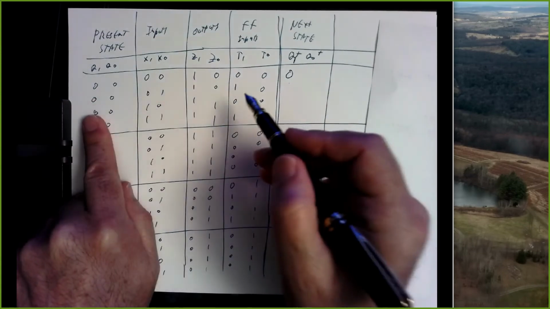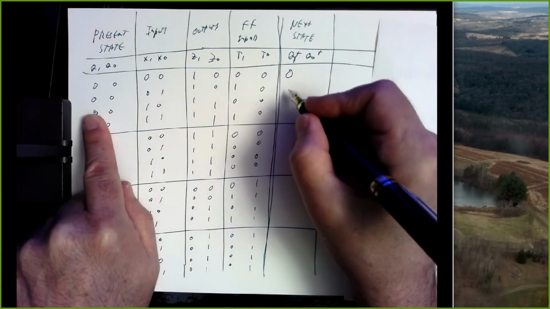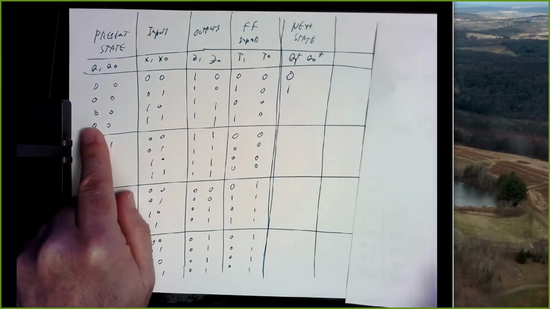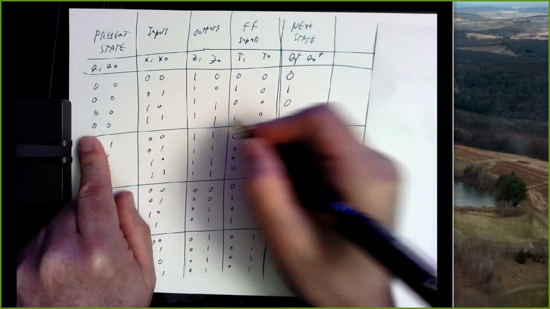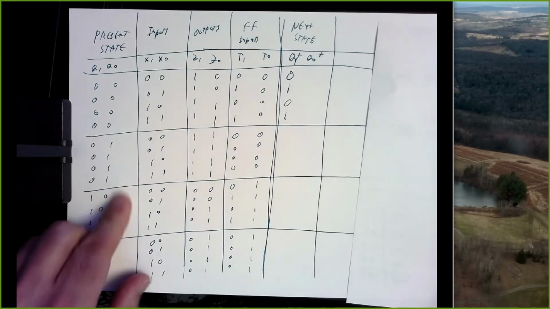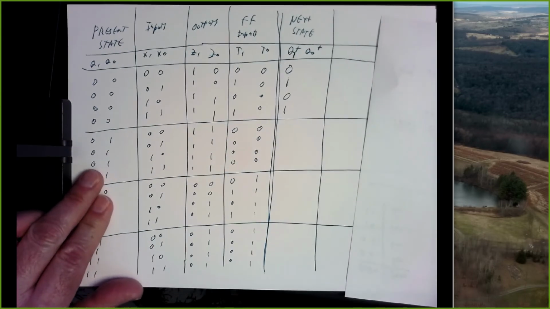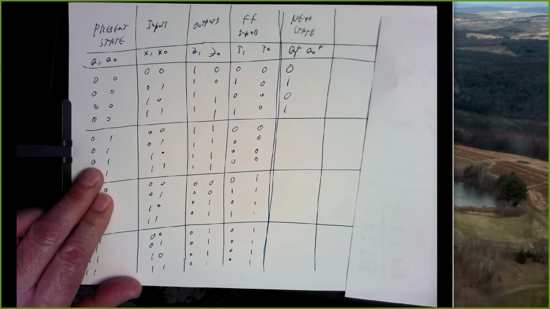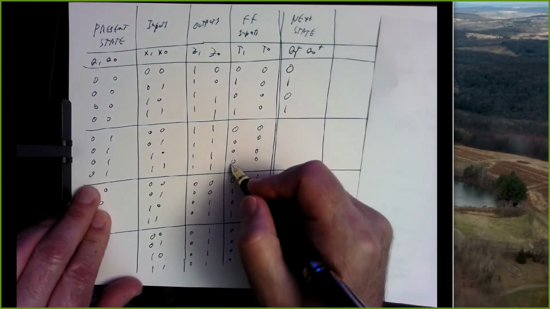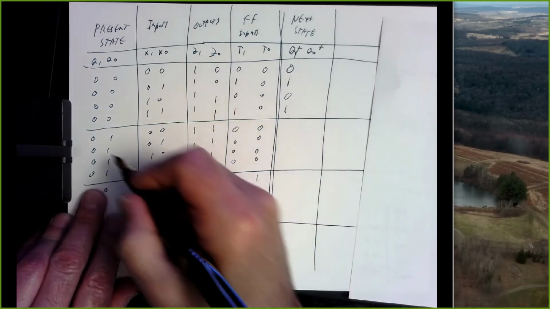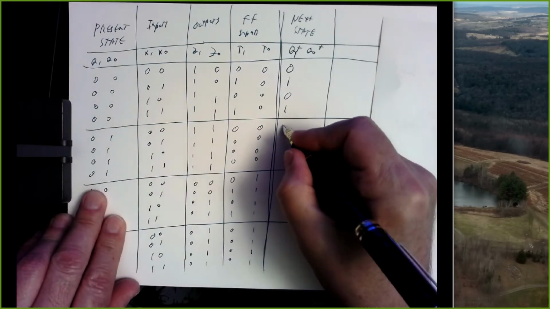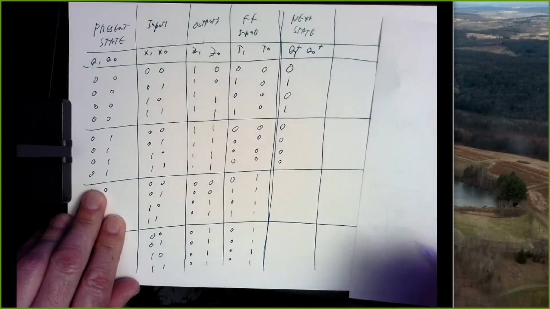If Q1 is 0 and T1 is 1, the output's going to flip, so this will become a 1. 0, 0 will be 0, 0, 1 will become a 1. If our T input is 0, the flip-flop does not change state, so the new value of Q is going to be the same as the old value. So all 4 of these I can fill in a 0.